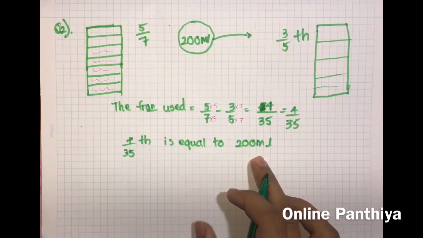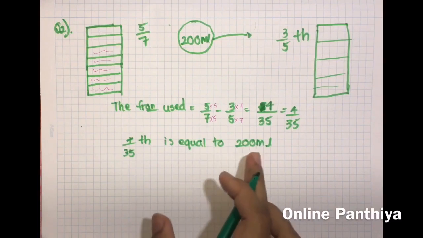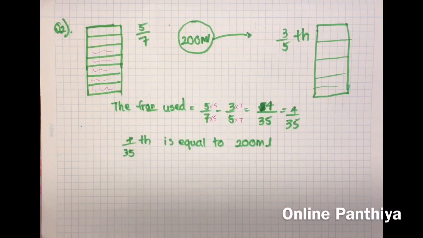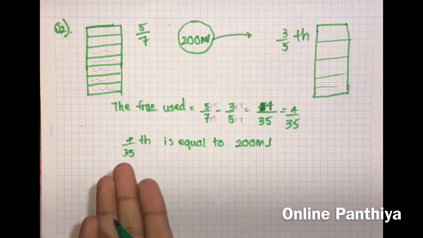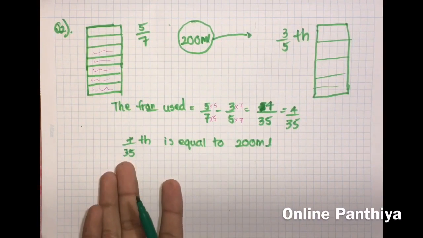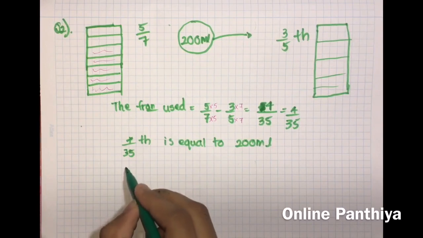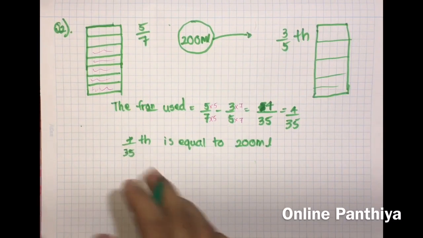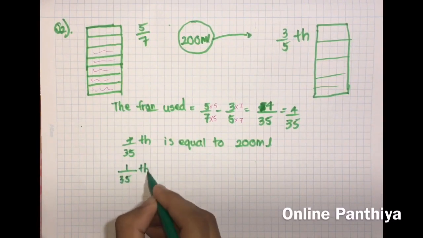So in order to find the total capacity of the tank, what should you do? You have to find the value of these 35 parts. Is that part clear? 4 parts is equal to 200 millimeters. Therefore, you have to find the amount equal to 35 parts. First, let us find how much is one of these 35 parts. That is, 1/35 of the tank.